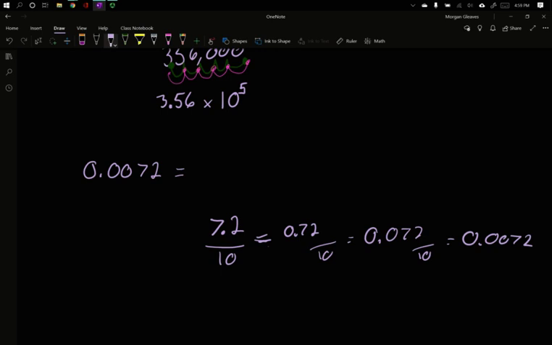If I divide by 10 enough times, I can turn my one number in front of the decimal value into the answer we want. So if I want to discuss 0.072 in scientific notation, well, I need to move that decimal once, twice, 3 times before I have a number in front of the decimal.